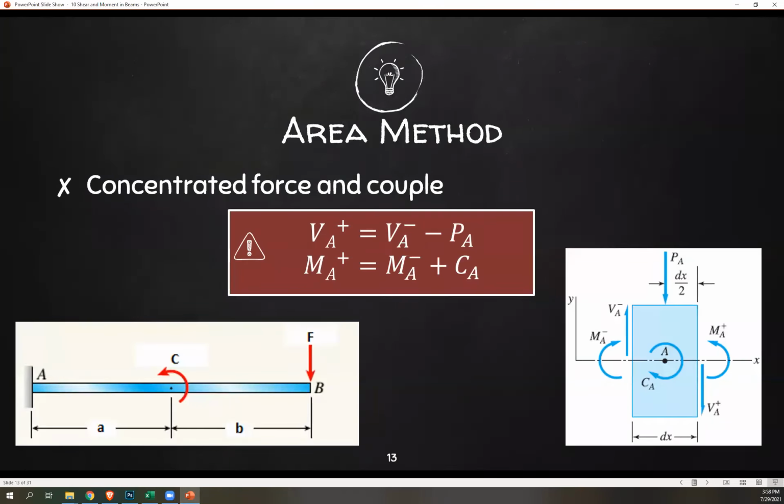And then what if we have a concentrated force and a couple? When you have that, this is what you do. For a force, at that point, you have, for example, here F. For whatever value of shear you've already obtained, you're just going to subtract F directly at that point.